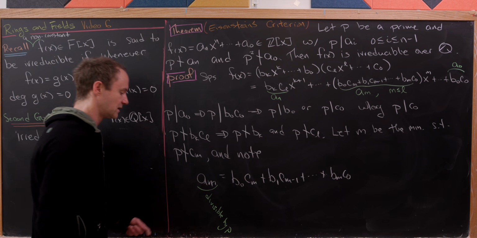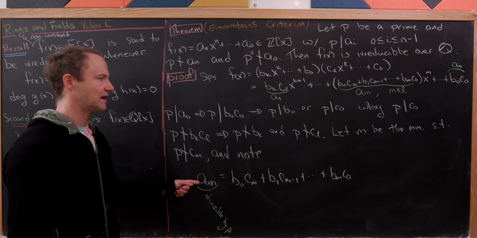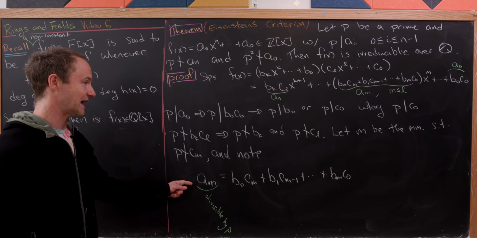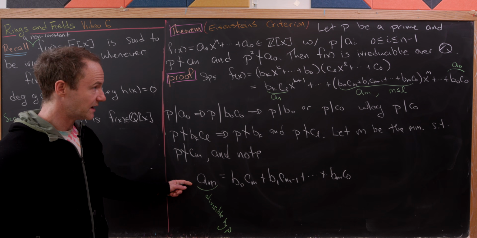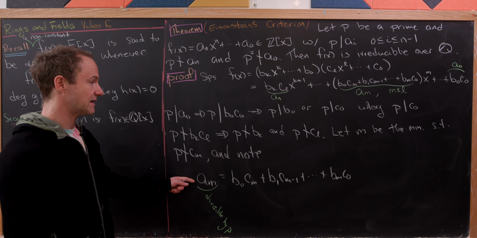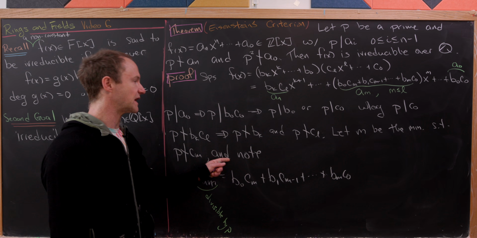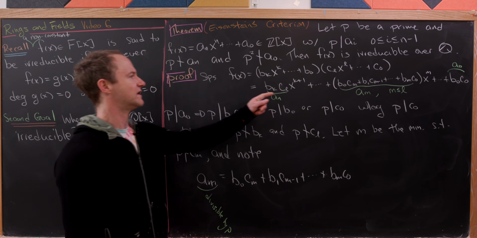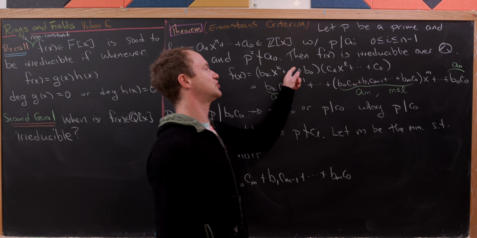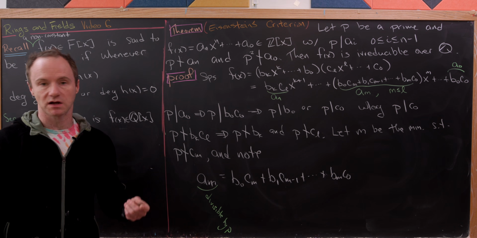by P. You might say, well, what if that's A sub n? But we know that it's not A sub n, because this m is smaller than or equal to the degree of these C's right here. And I guess we're assuming that this is factoring into non-constant polynomials.